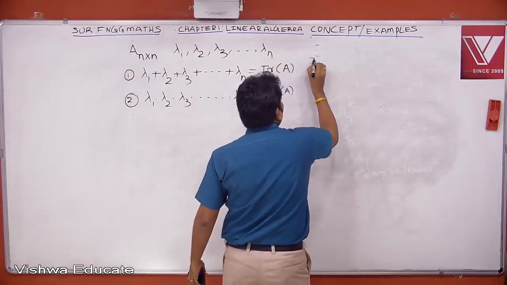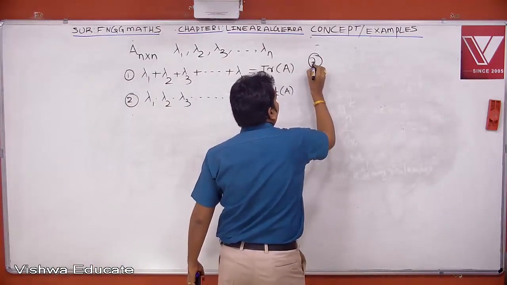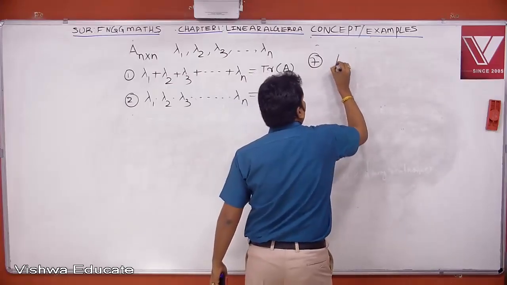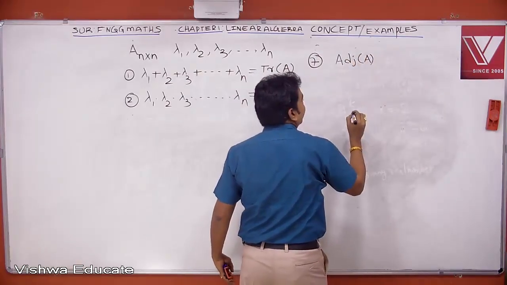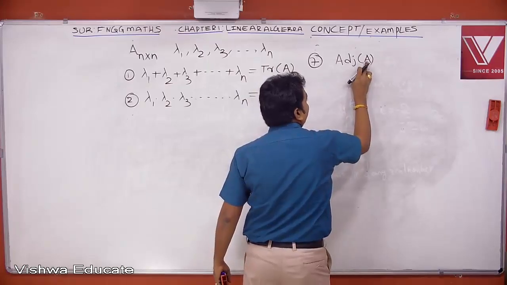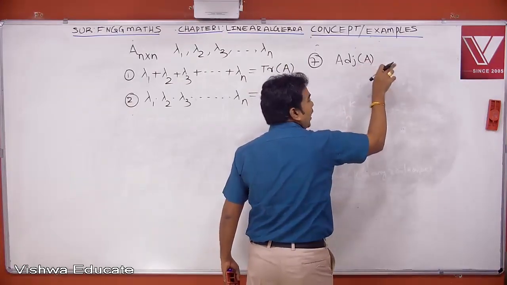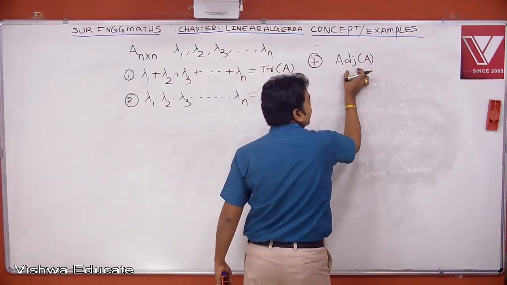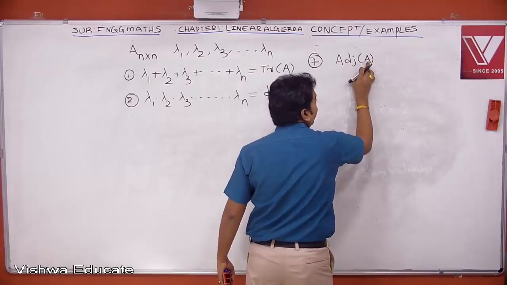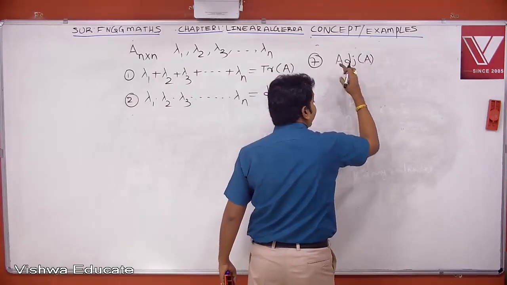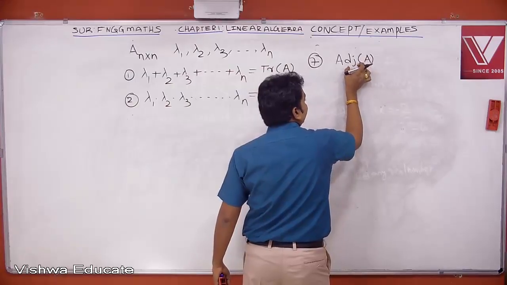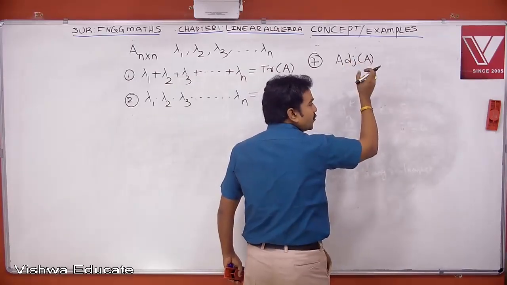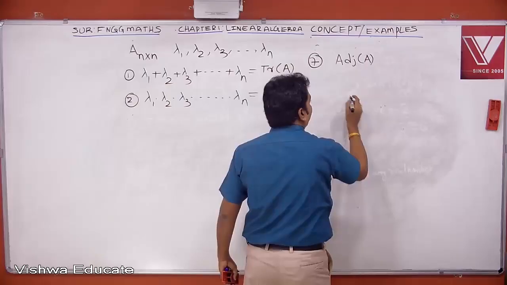Now, as the 7th point, let us find the eigenvalues of the adjoint of A. Suppose when you replace A by lambda 1, lambda 2, lambda n, it doesn't make any sense, because the adjoint of a single number doesn't make sense. Therefore, we need to convert this into a multiple of some matrix.